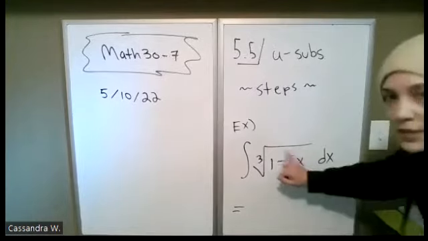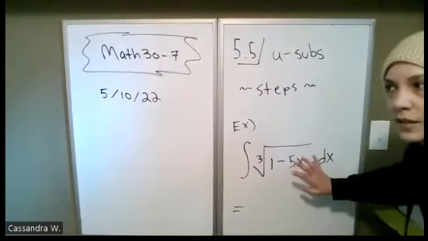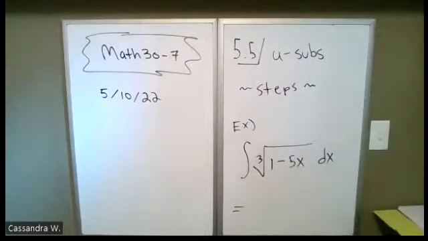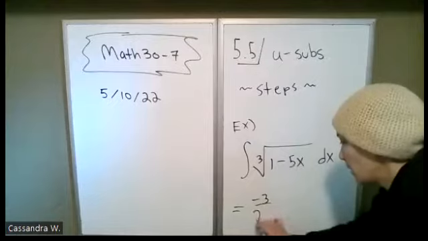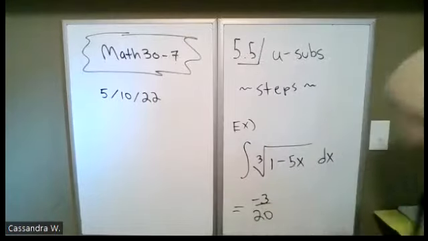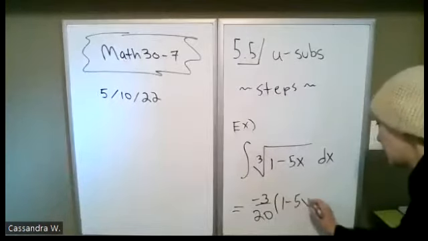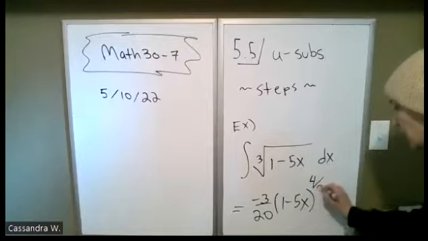Then we chose everything under the root to be our function, our substitution, or u sub. And we got, let's see, -3 over 20 times (1 minus 5x) to the 4/3.